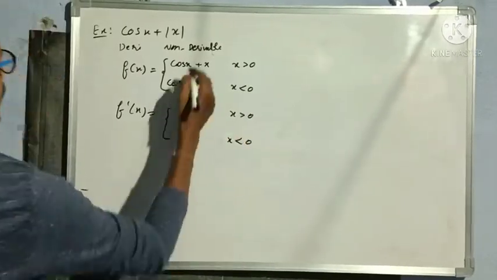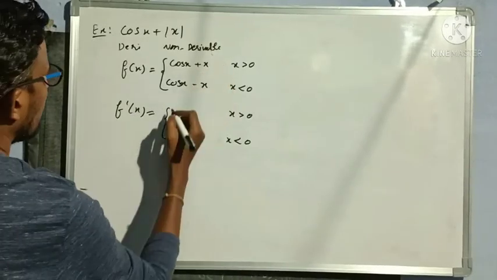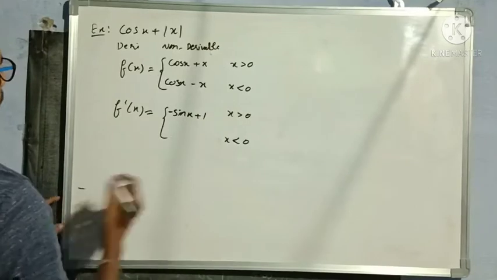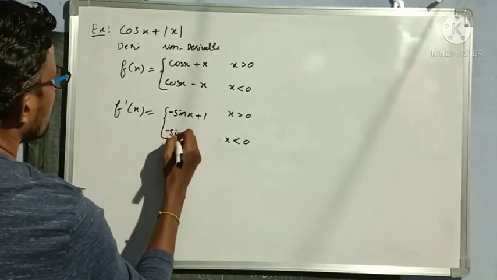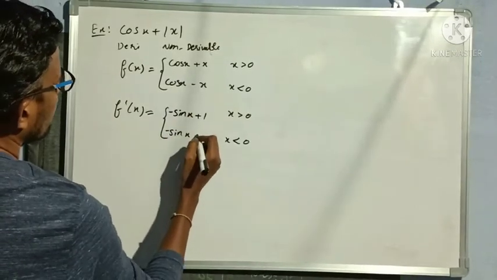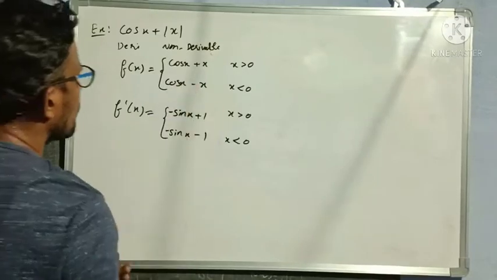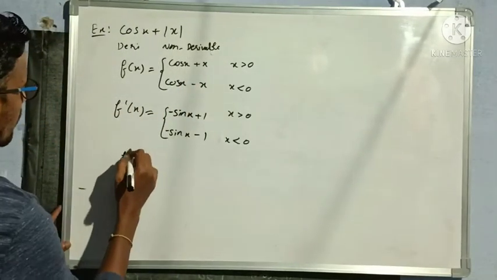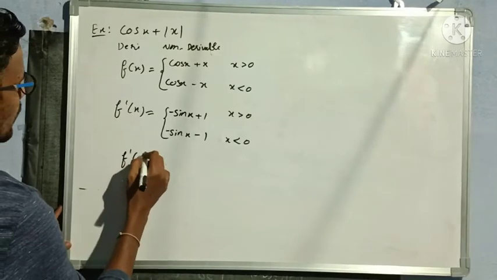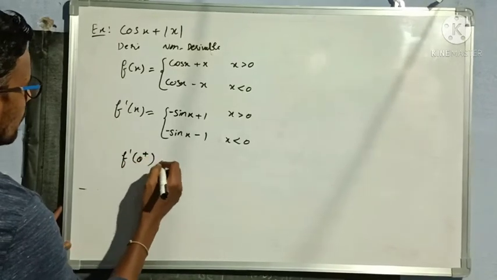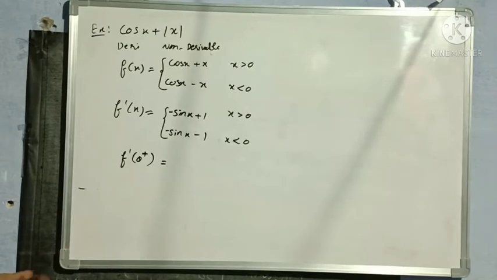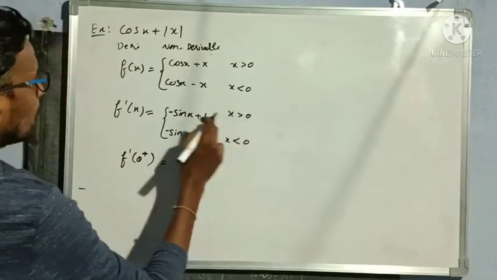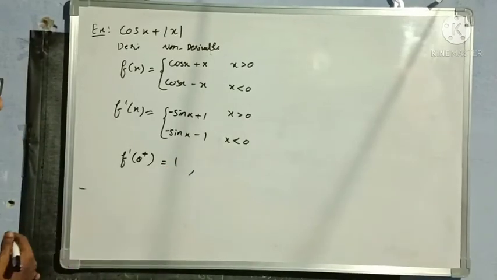Okay. Now if I differentiate, d by dx of cos x is minus sin x and d by dx of x is plus 1. In the same way, d by dx of cos x is minus sin x and d by dx of minus x is minus 1. So now let us see f dash of 0 plus, which means right hand derivative. Here we should take sin 0, which is 0, and here we are getting 1.